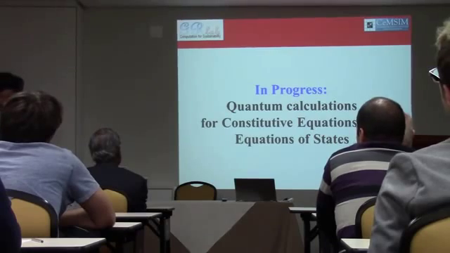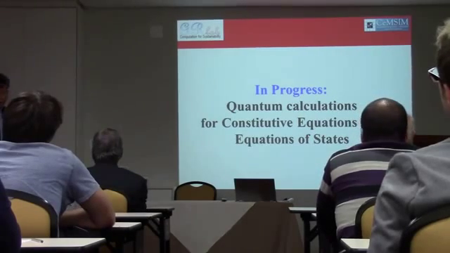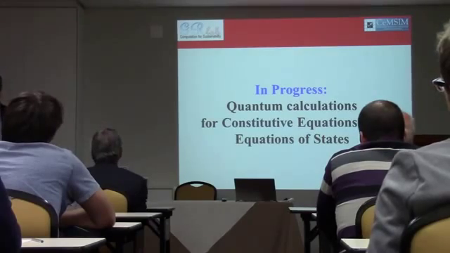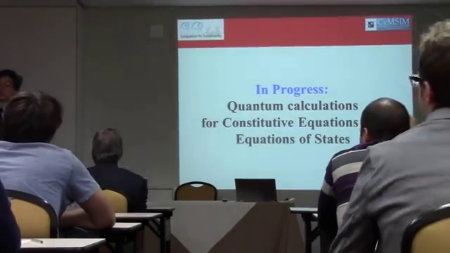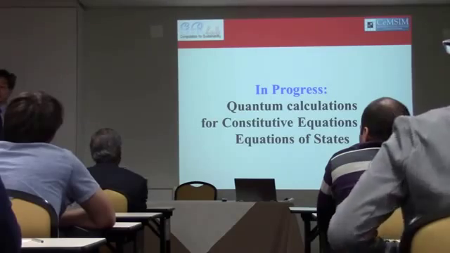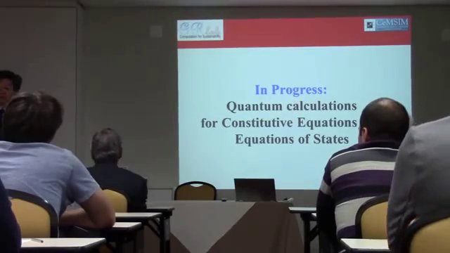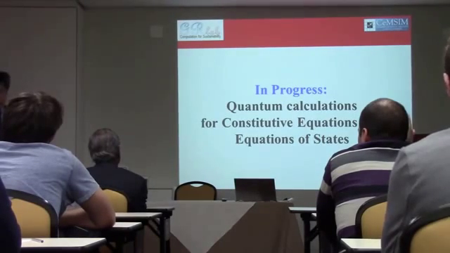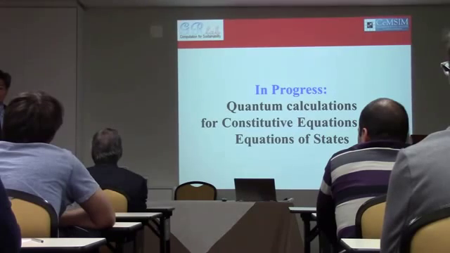The EOS is not precisely correct, so we are still working on it. We are thinking maybe we go back to the quantum mechanics model to see whether the reaction effects created are really appropriate for this type of problem. This is still ongoing.